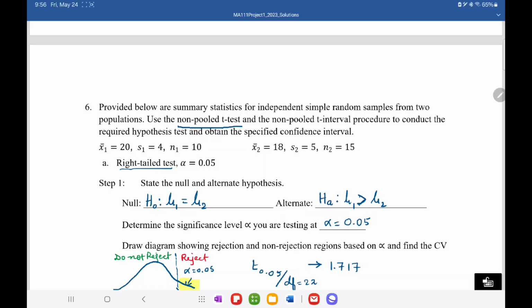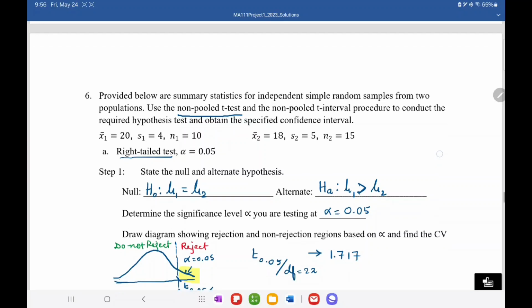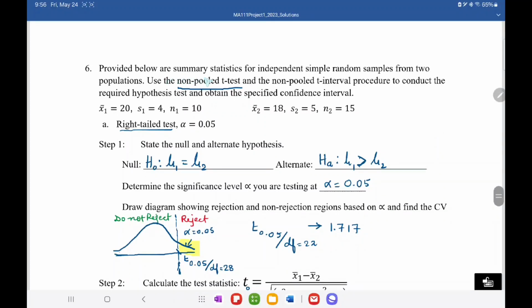Now here's question number 6, which is a practice on non-pool t-tests. It says, provided below are summary statistics for independent simple random samples from 2 populations. Use the non-pool t-test and the non-pool t-interval procedure to conduct the required hypothesis test and obtain the specified confidence interval.